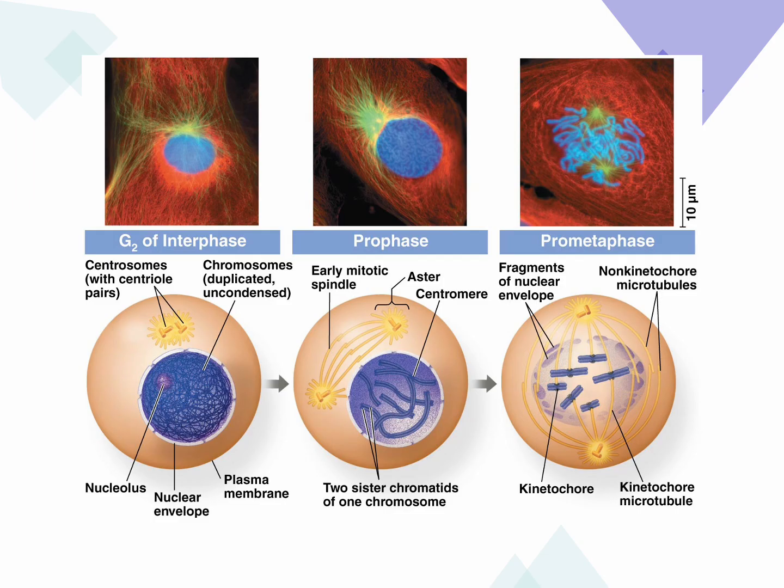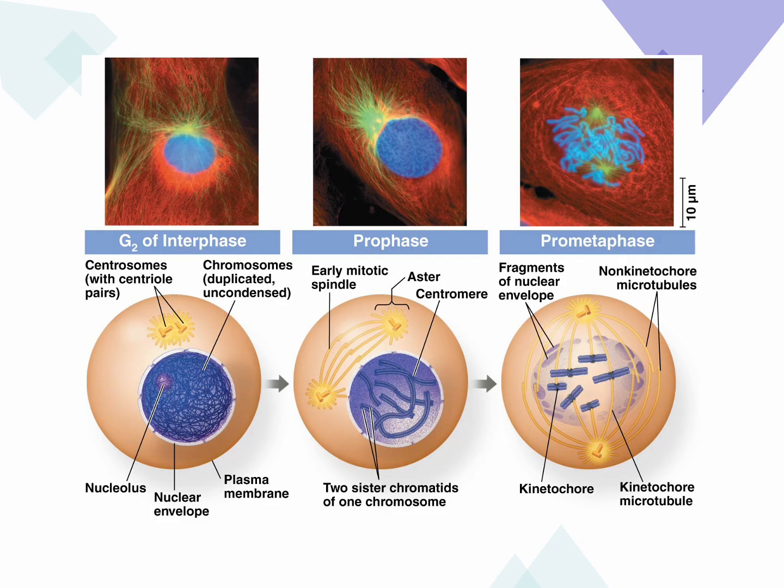And by prophase, the first stage of mitosis, right, interphase is its own thing, you now have fully condensed chromosomes. They have their sister chromatid, right? So they're paired up with a centromere in the middle of them.